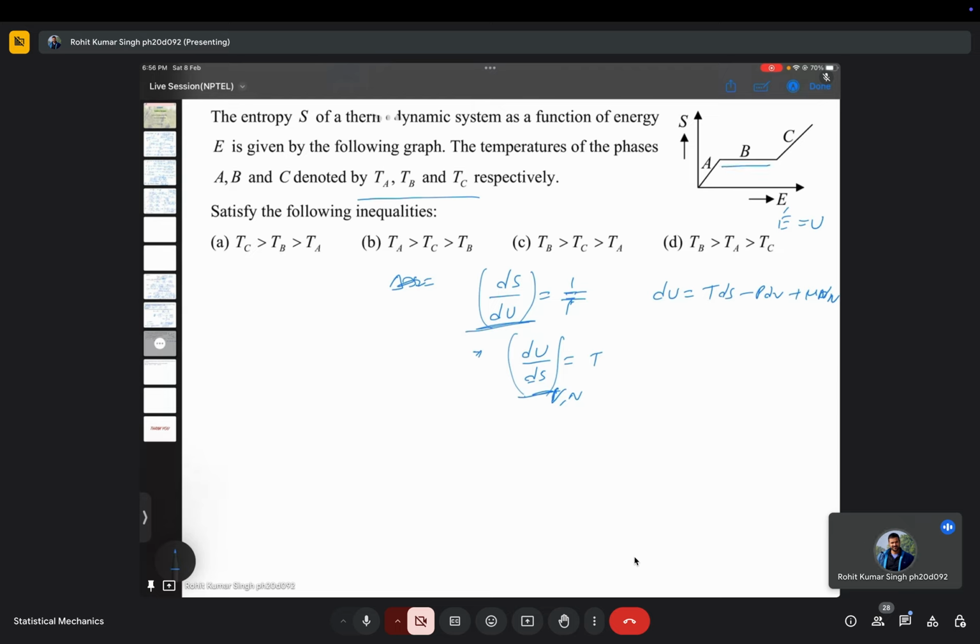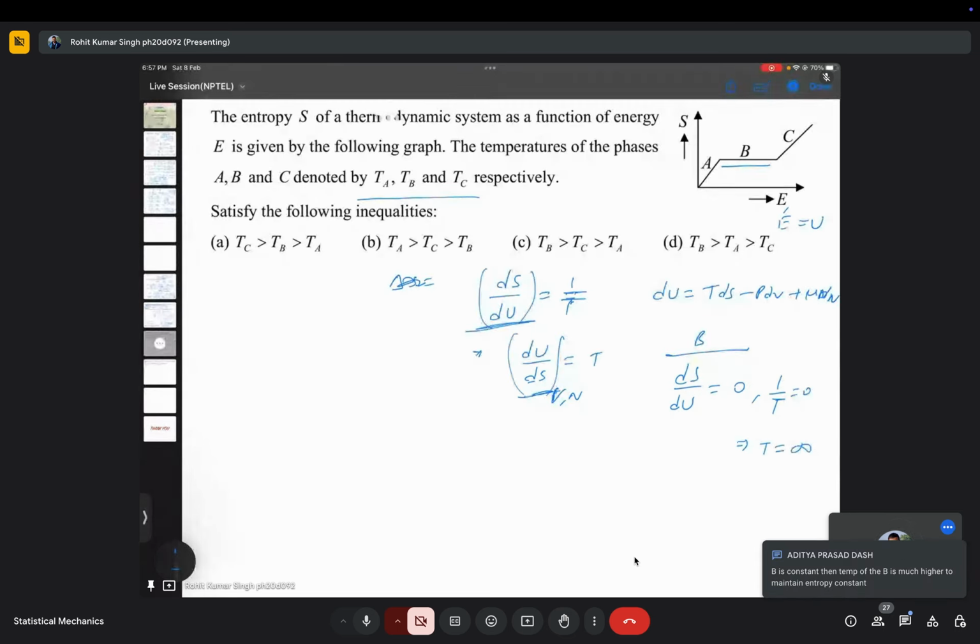And for B, since B is flat, del S over del U is 0. So 1 by T is 0, and so T should be infinite. B is constant, so obviously, either this or this would be true.